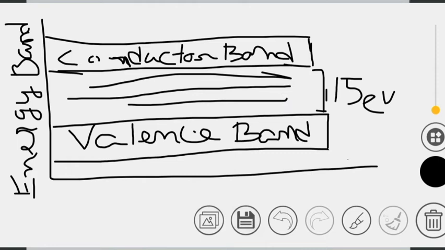And what is that vacant space filled with? 15 electron volt. Because of this vacant space, this band is called the forbidden energy band.